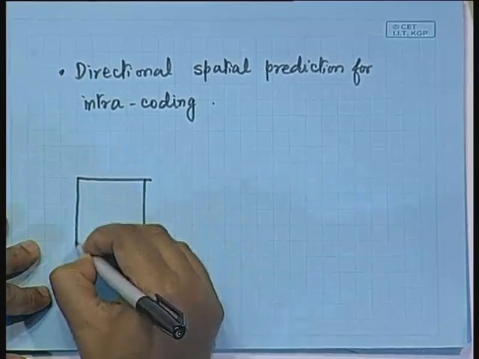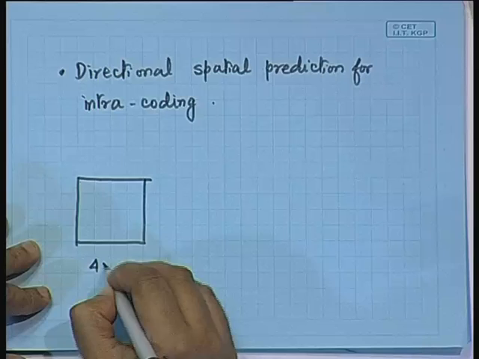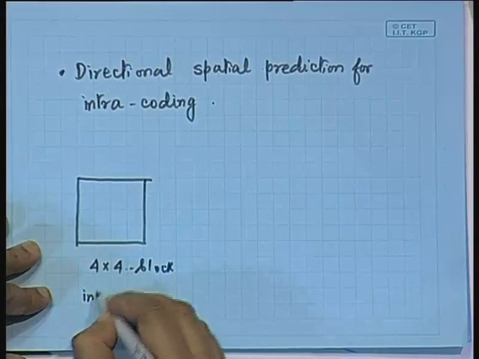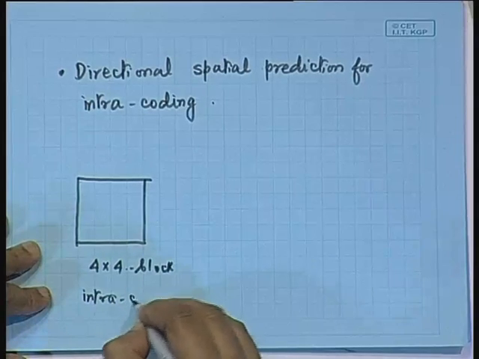Supposing this is a 4 by 4 block which is to be intra predicted, which is to be intra coded.